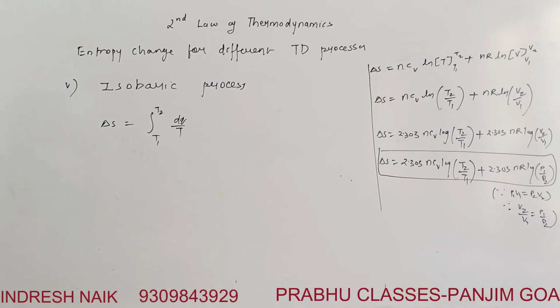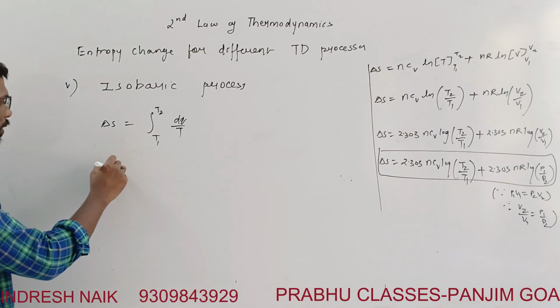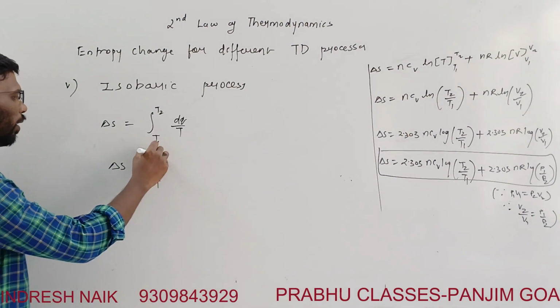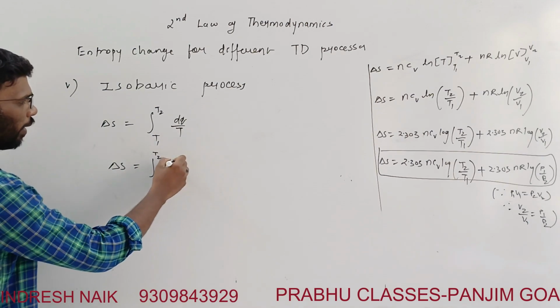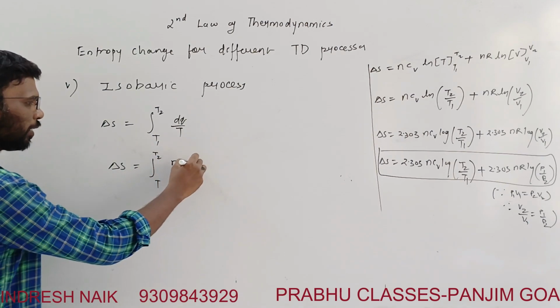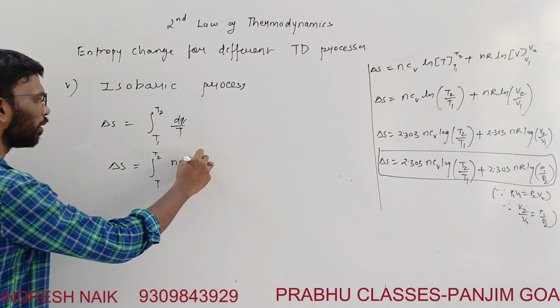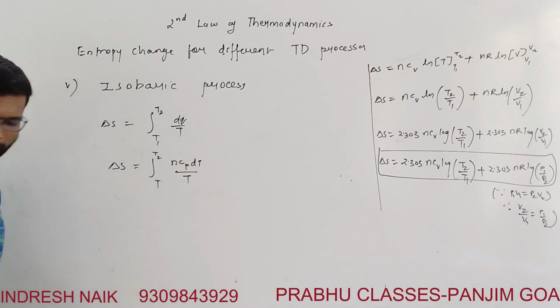Isobaric process means pressure is constant, no? So delta S is the integral from T1 to T2 at constant pressure. I'll consider the heat capacity at constant pressure: n Cp dT by T.